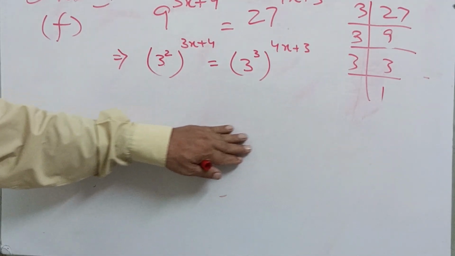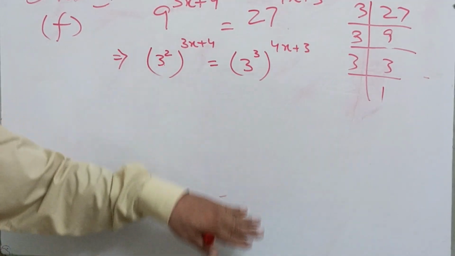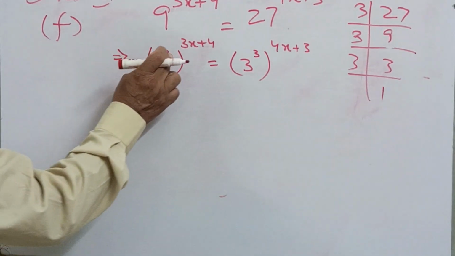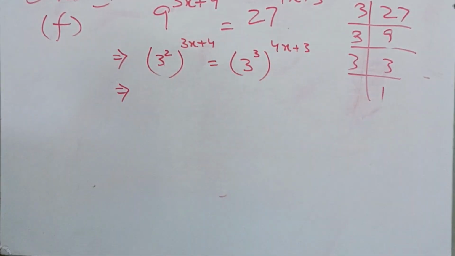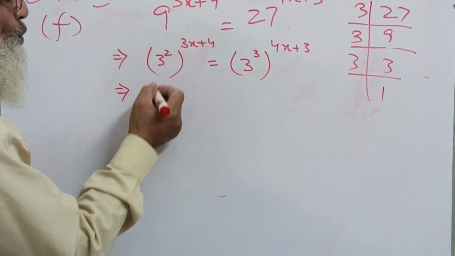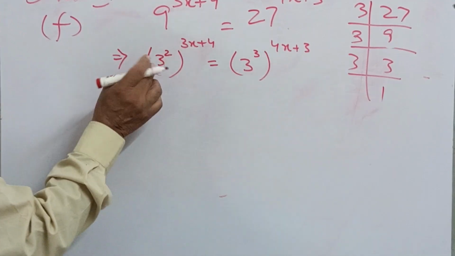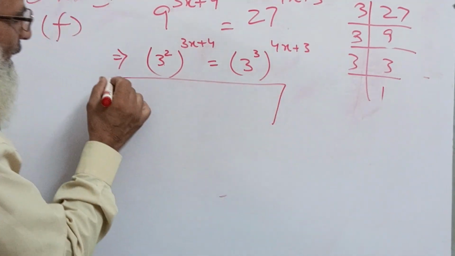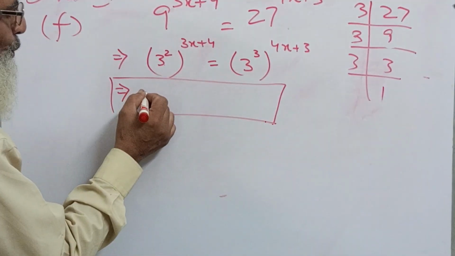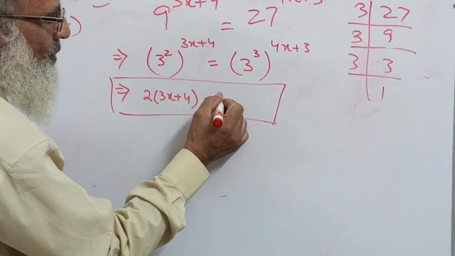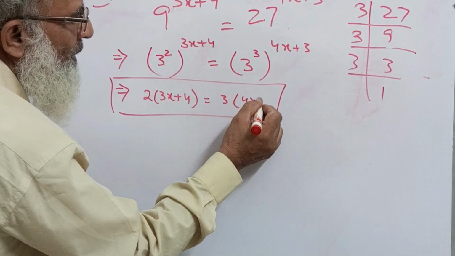We are going to get the bases the same somehow. When there are powers of power, we multiply them. I have already told you. So let me consider the powers only in this step. 2 multiplied by (3x plus 4) is equal to 3 multiplied by (4x plus 3).